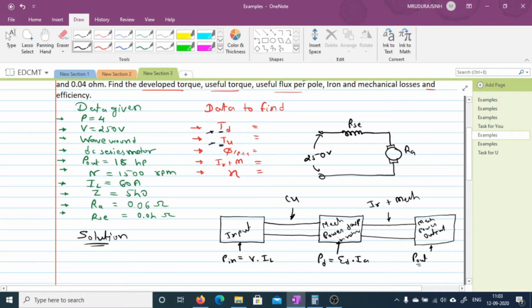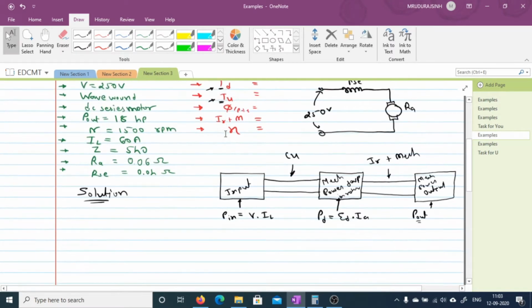What is developed torque and what is useful torque? The torque available at this moment, the torque produced because of this power, is known as torque developed. It is the total developed torque by this motor. Now some of the torque will be utilized in overcoming the mechanical losses and all.